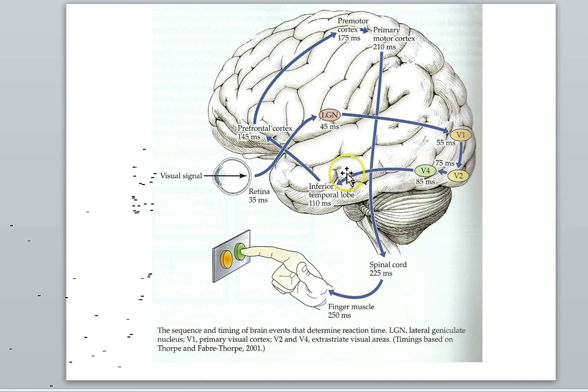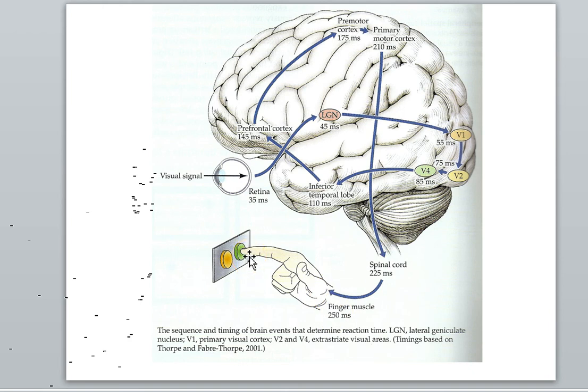And information continues to flow to the more anterior part of the temporal lobe here, and then up to the frontal lobe, and then look, information gets sent to the motor areas, right, because the person's going to have to respond, and that's 210 milliseconds from the time that the person saw the image. The information flows through the brain like this, 210 milliseconds. The cells up here are going to activate muscles, and ultimately 250 milliseconds later the person can press a button.